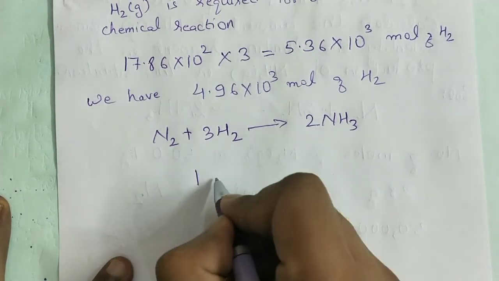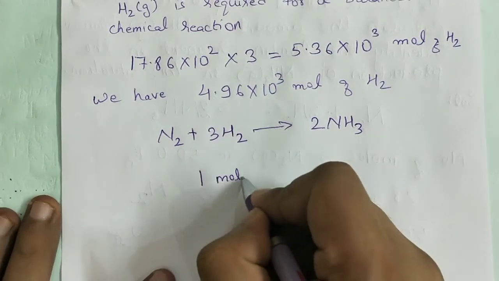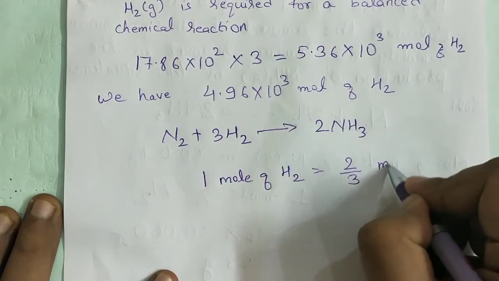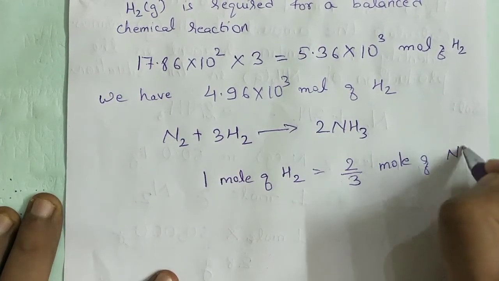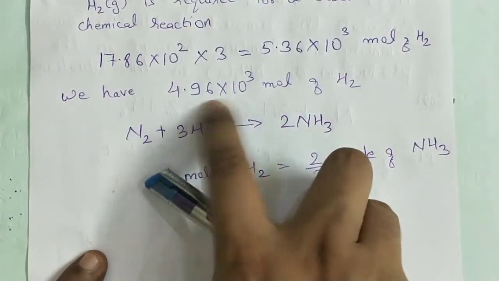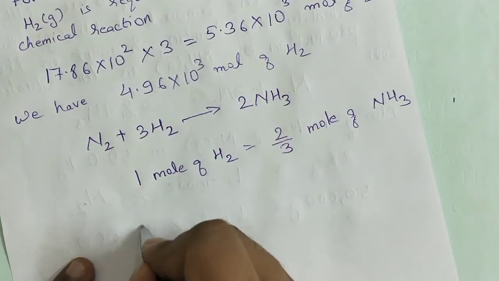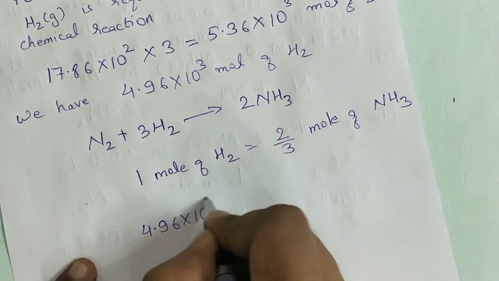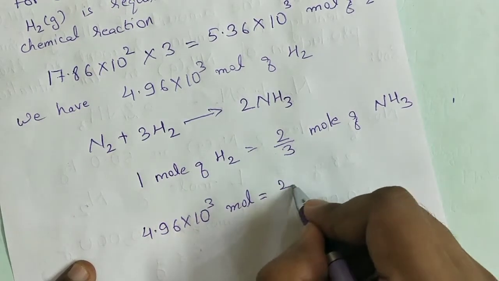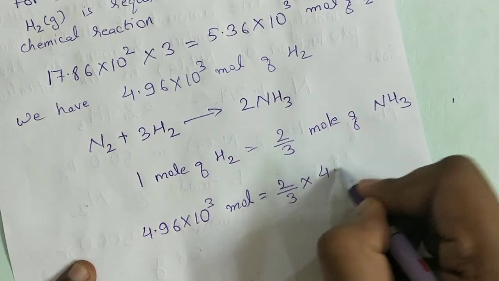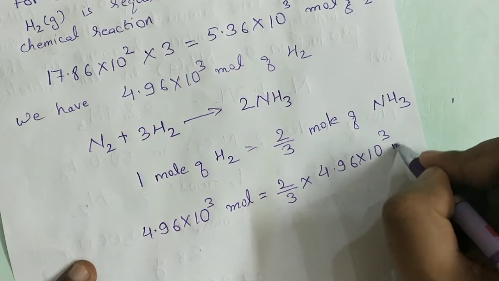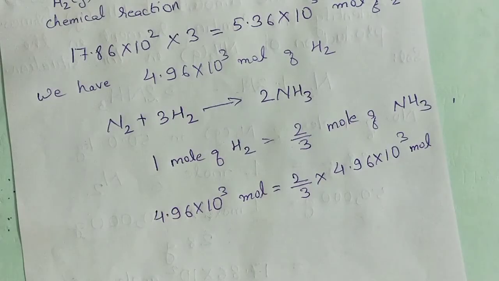So 1 mole of H2 equal 2 by 3 mole of NH3, right? So our limiting reagent is this hydrogen. So we have 4.96 into 10 to the power 3 mole of H2 will give 2/3 into 4.96 into 10 to the power 3 mole of NH3.